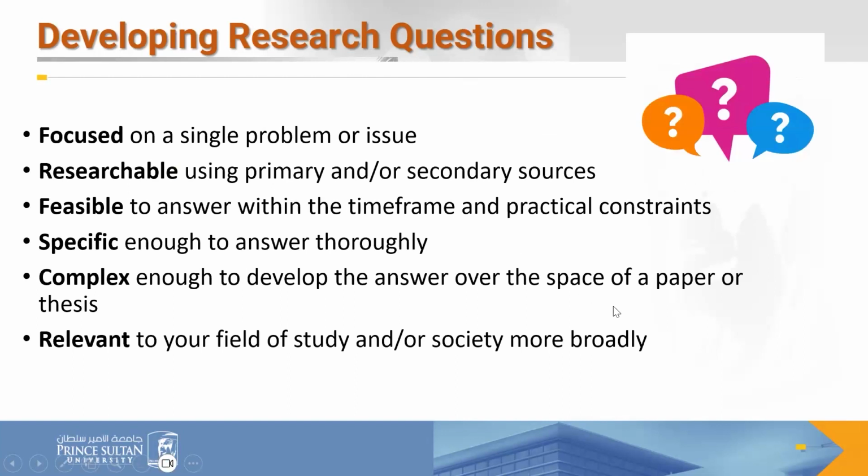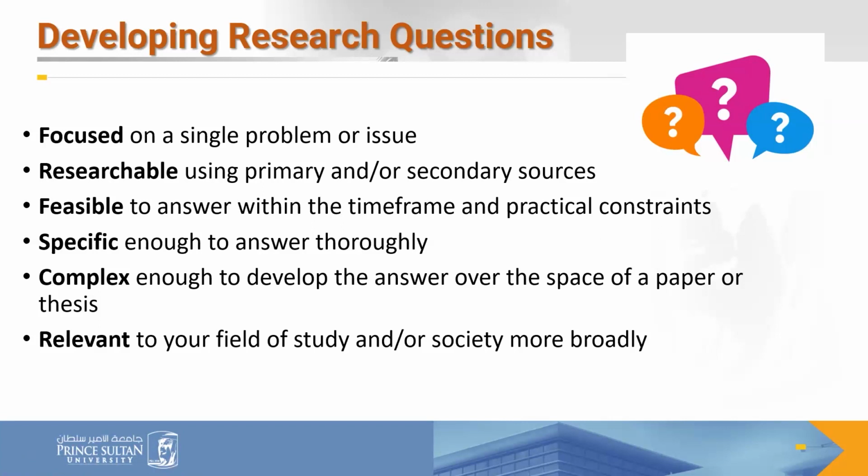Now, your research questions need to be focused on a single problem, need to be researchable using primary or secondary sources. If you don't have enough sources to research the question, then please reconsider. It has to be feasible, again, achievable. Within the time frame that I have, within the practical constraints that I have, I can find an answer.